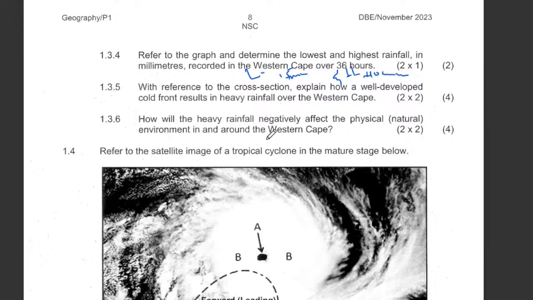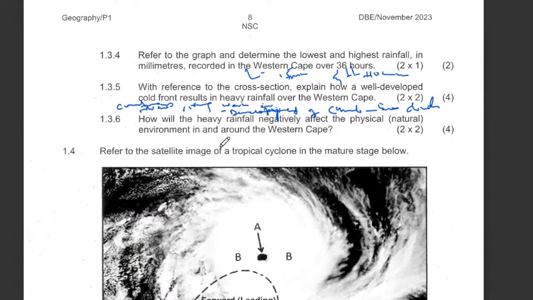So here we consider that at the cold front, warm air rises, continuous rising of warm air, leading to the development of cumulonimbus clouds that are responsible for the heavy rainfall all over the Western Cape.